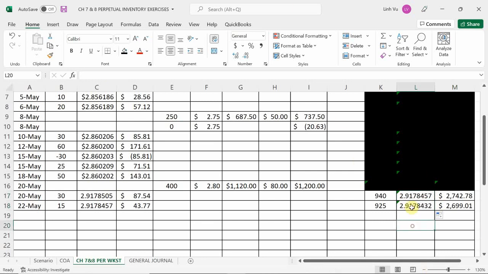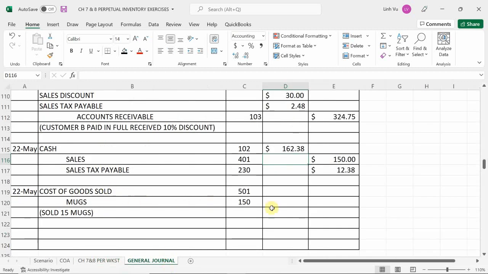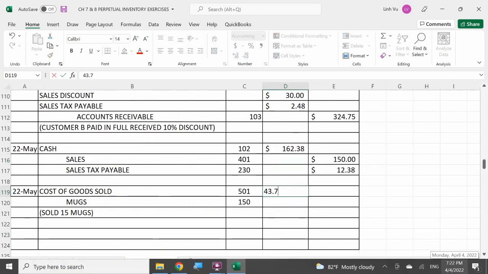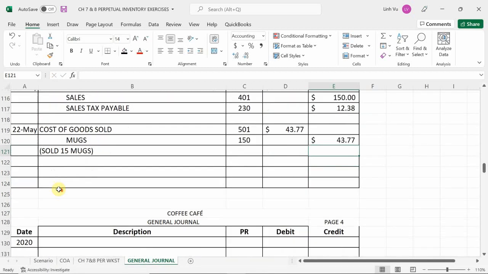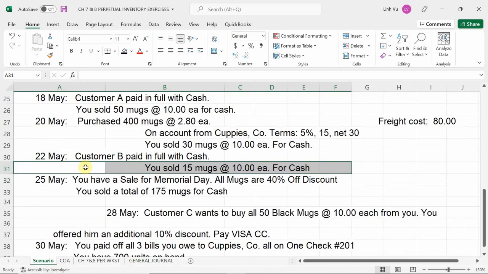Okay. So the number that I'm looking for here is the $43.77. Okay. All right, let's see what's next.